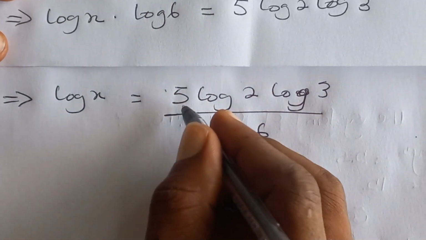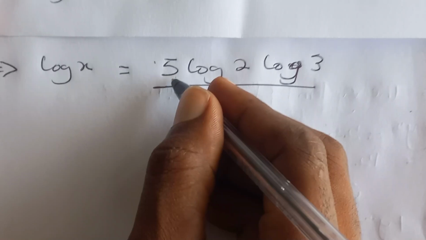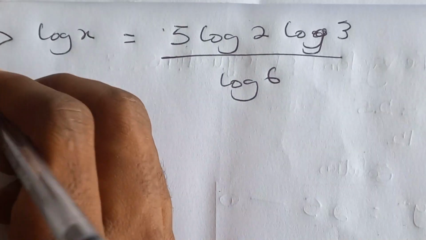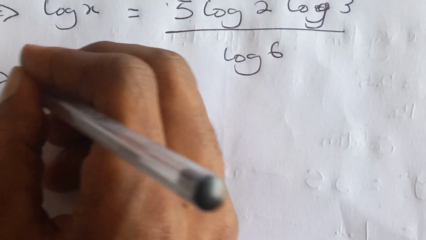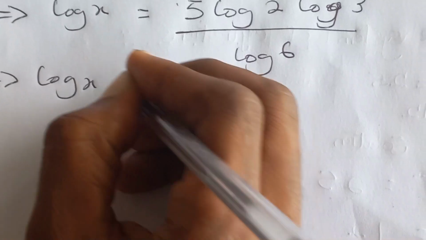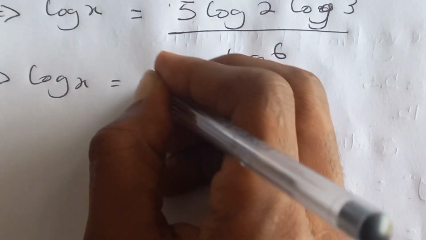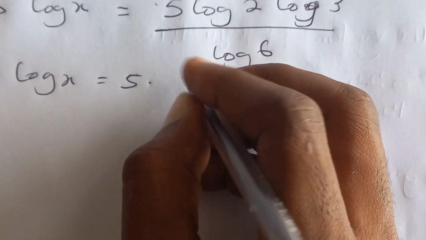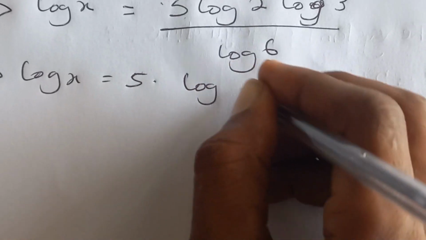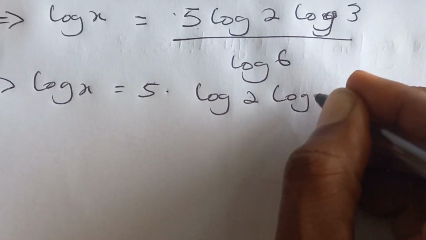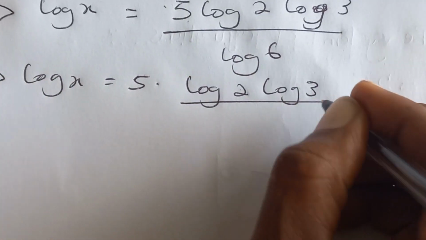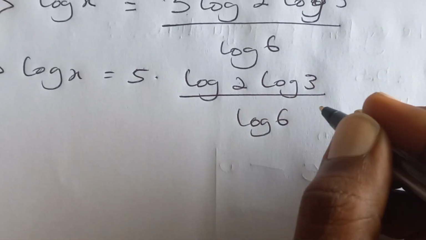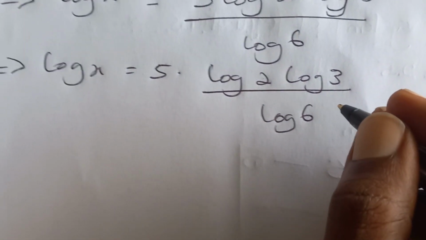With this, we can let the constant stand alone. So we're going to get log x is equal to 5, multiplied by log 2 log 3 on log 6, like this.